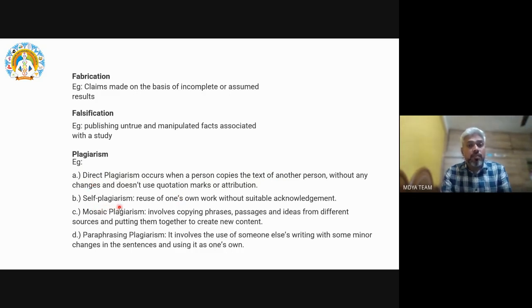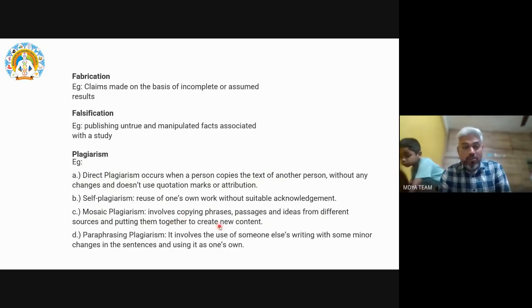Self plagiarism: reuse of one's own work without suitable acknowledgement. It means you are using someone's own work and you are not giving acknowledgement. This comes under self plagiarism. Mosaic plagiarism involves copying phrases, passages, and ideas from different sources and putting them together to create new content.